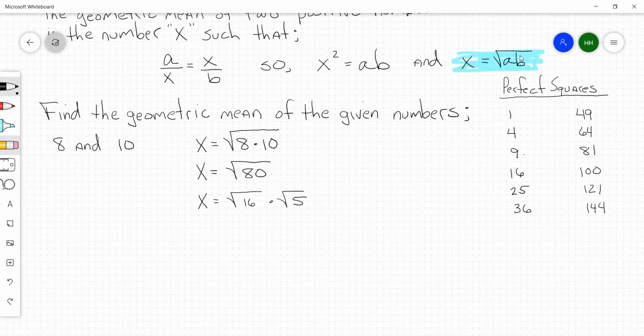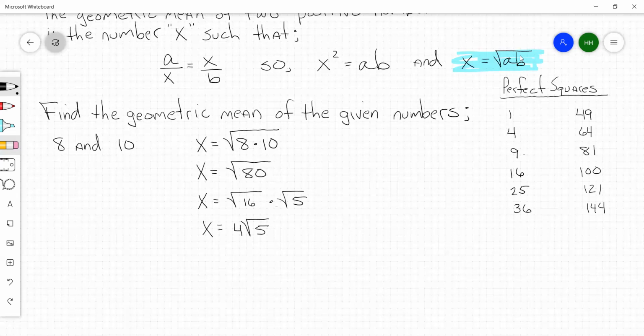And now that can be simplified. In this case, x is equal to, what's the square root of 16? That's 4 times the square root of 5. So that is the geometric mean of 8 and 10.